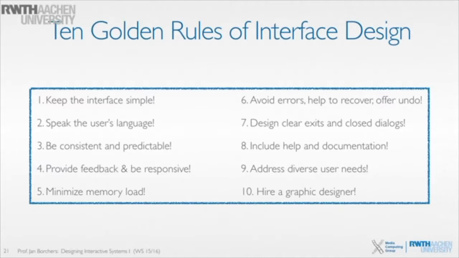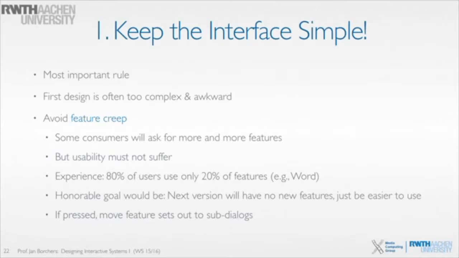Number one, keeping the interface simple. That's the most important rule. It sort of refers to the fact that when you do your first design, you've probably experienced this by now. In the tasks that we've given you, the assignments, you do a first interface design, and you think, oh, that's pretty good. And then you look at it closely yourself, somebody else looks at it, maybe you test it with users, you think about it some more.